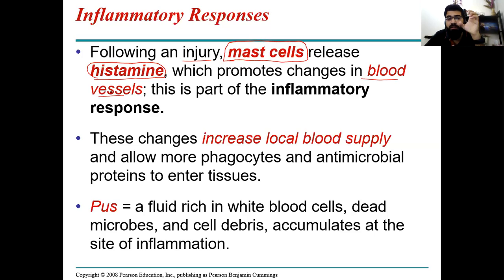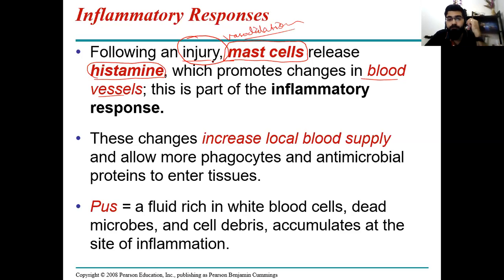Why are the blood vessels in the injury area supposed to become wider, which we call vasodilation? You remember? Vasodilation means the vessels get wider. Why? To flow more blood to the injury area.